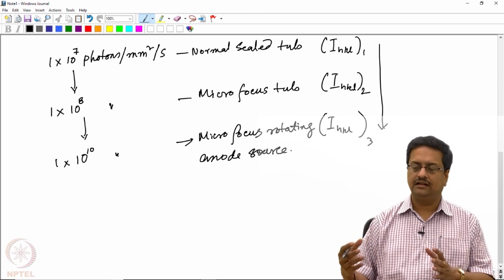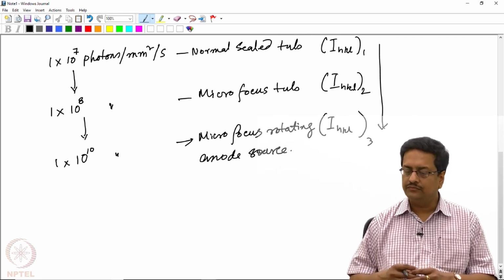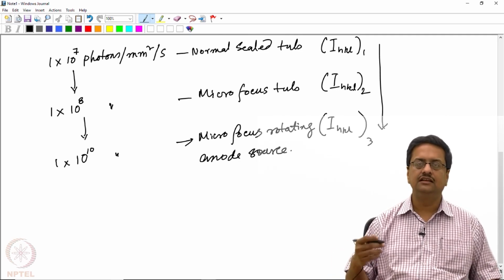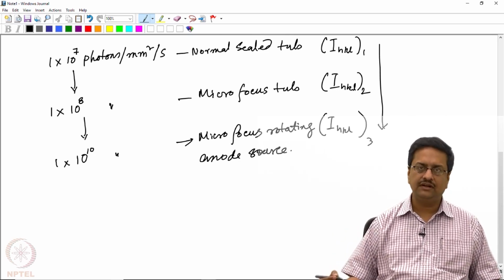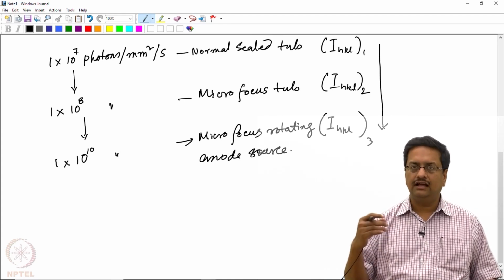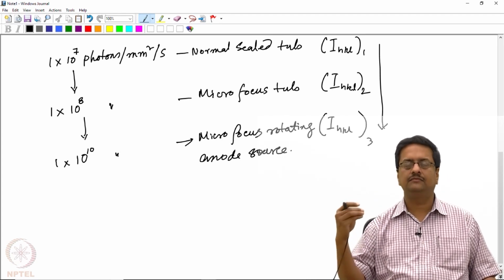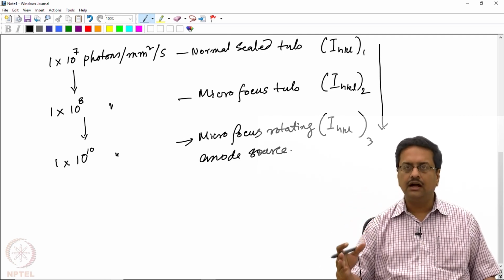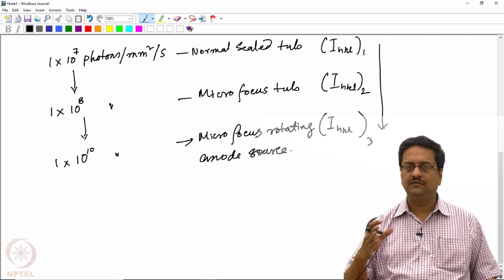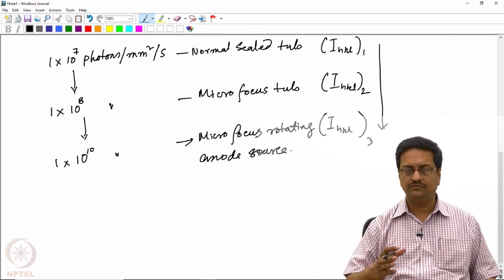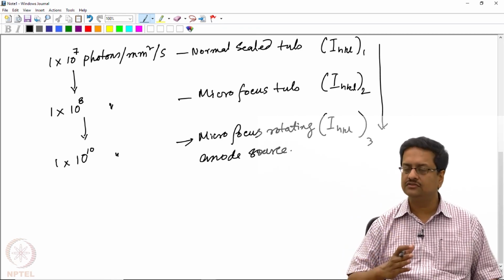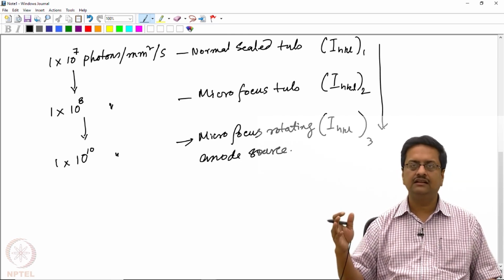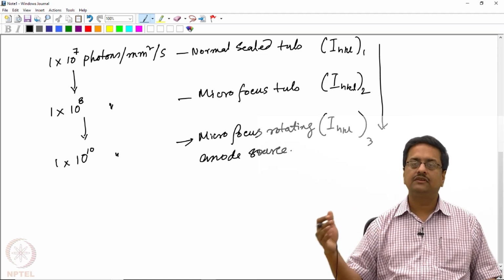If that happens, then the structure solution program will not be able to identify the atoms correctly, because the basis for the structure solution program to identify atoms is the intensity of the diffracted beam. So, if I have a large diffracted beam coming from the 100 reflection, and that 100 reflection has a lower intensity with a microfocus source, much lower with a sealed tube source, the atom that may be responsible for that particular intensity may become different.